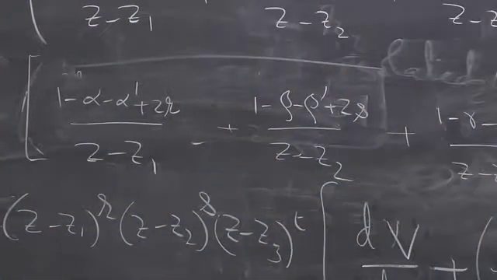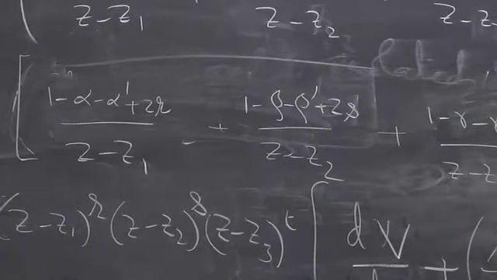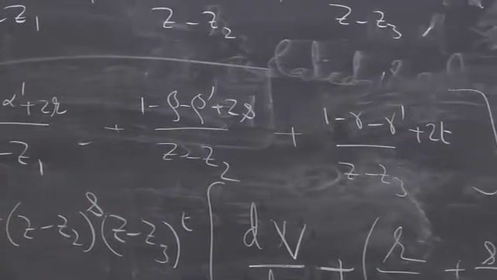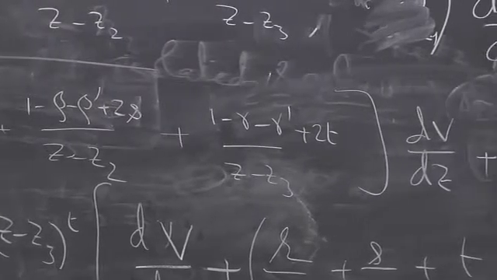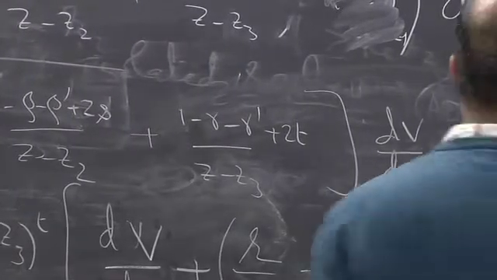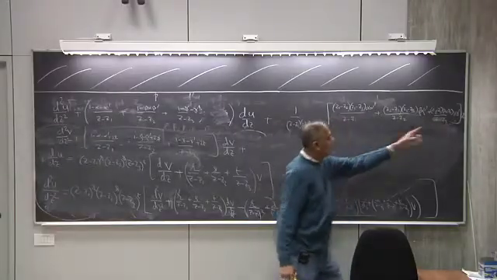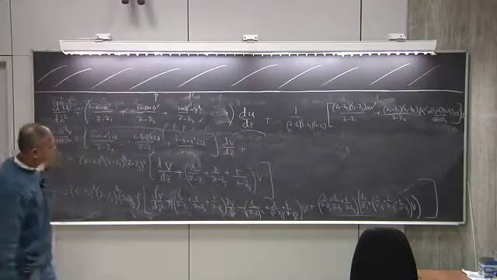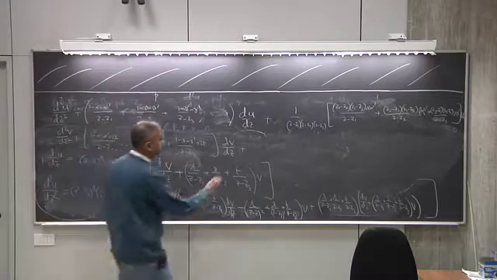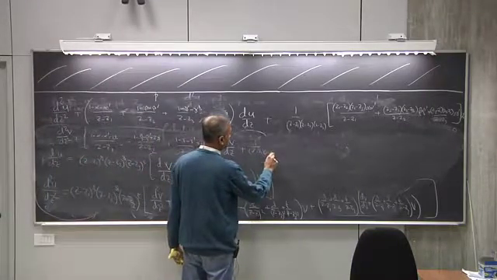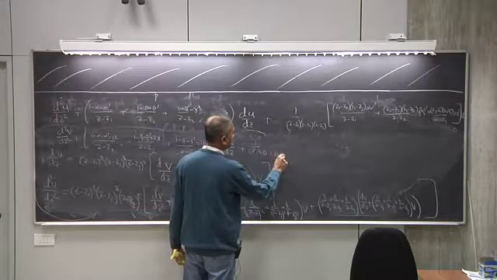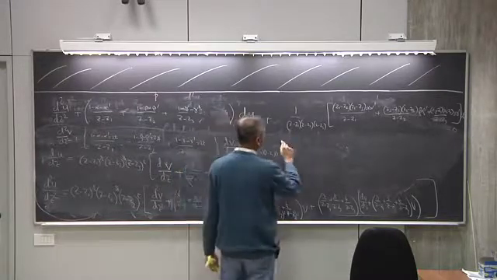And now finally the last term, which is a mess, but we have to. So let's see, what is going to happen here? Again, from the u, that prefactor comes out. So I have gotten rid of the prefactor. So here you get 1 over z minus z1, z minus z2, z minus z3 times this whole thing.